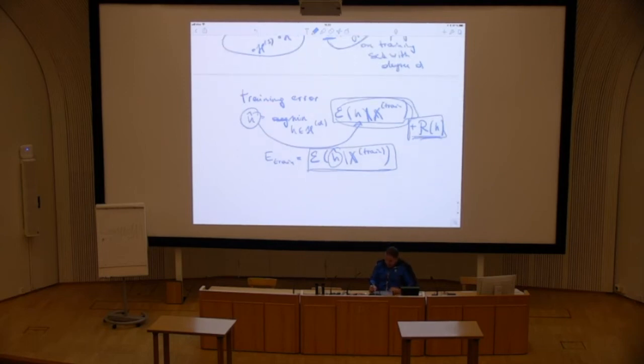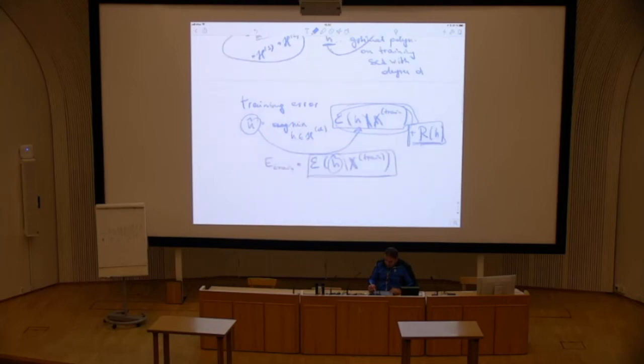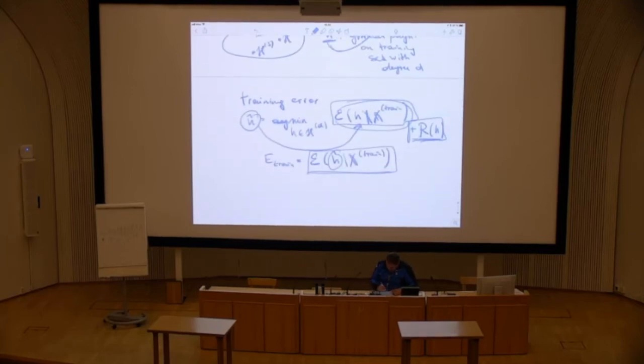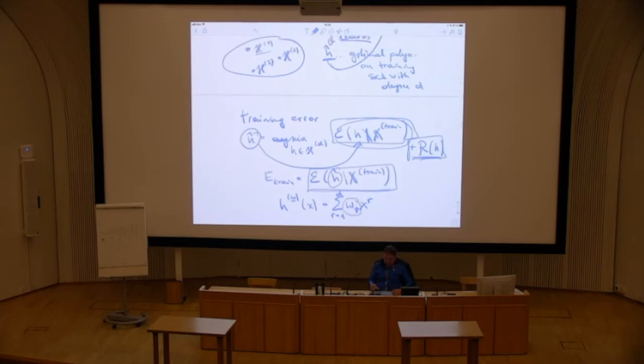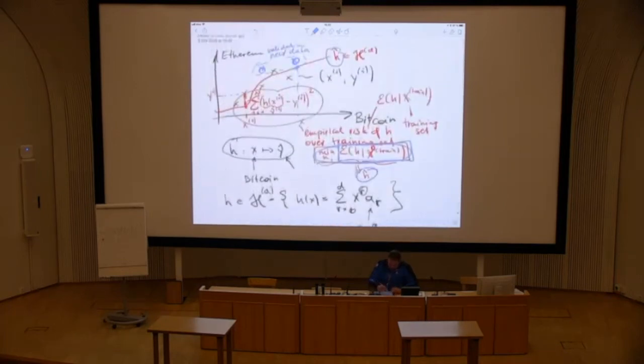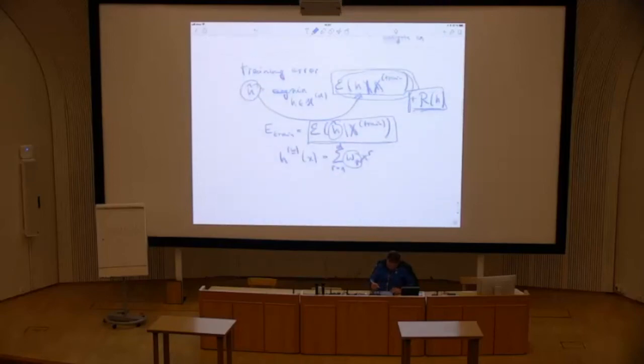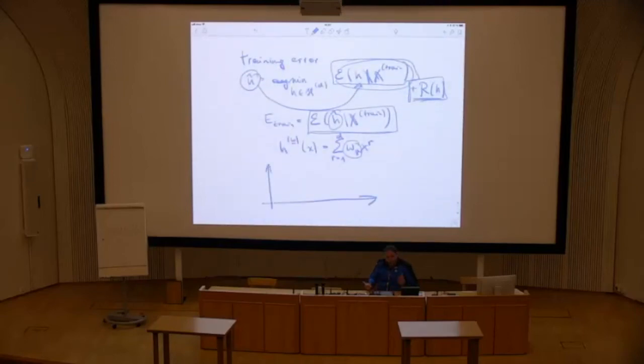And there are different choices for this regularization term. In polynomial regression, we can parameterize a predictor using a weight vector. The entries of the weight vector are the coefficients of the monomials. And it turns out the larger these weights are, the more wobbly or wiggly the function is.